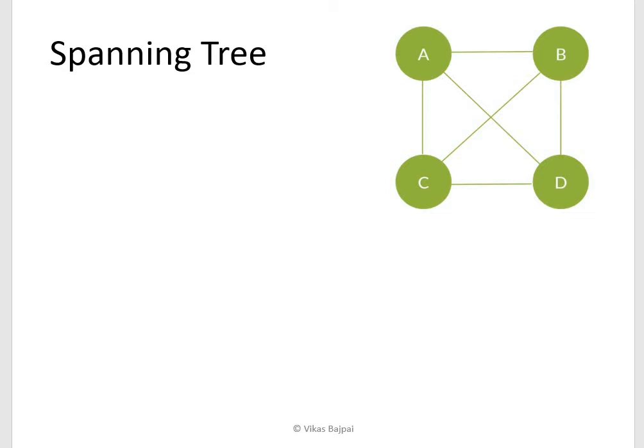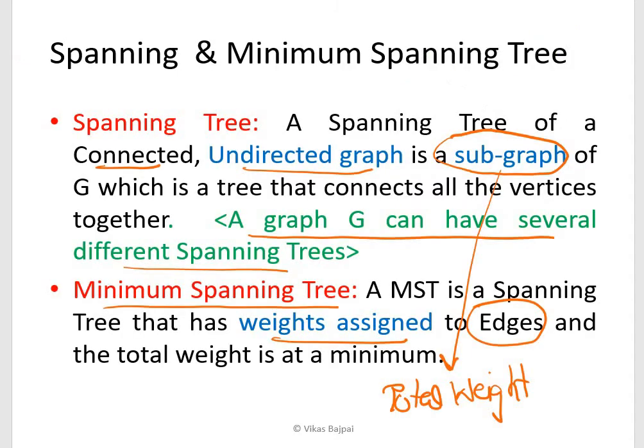This is something which is an unweighted graph. Let's see, this is an unweighted graph G, and we have to come up with the spanning trees, right? And in our previous definition, we said that we can have several spanning trees.